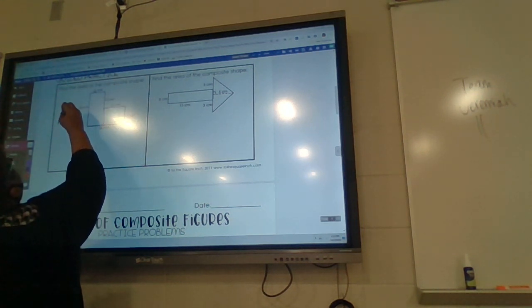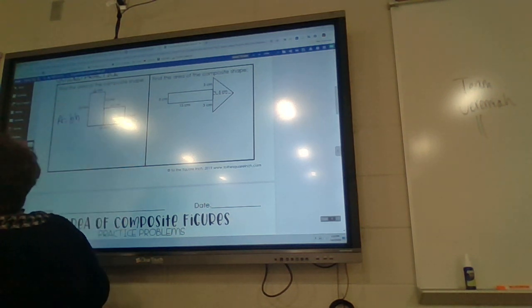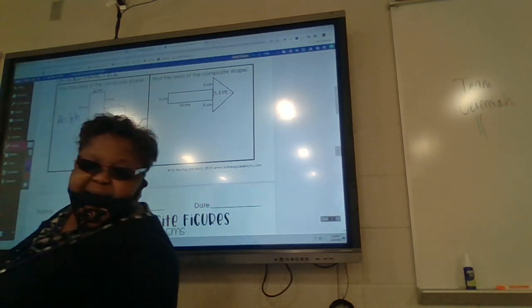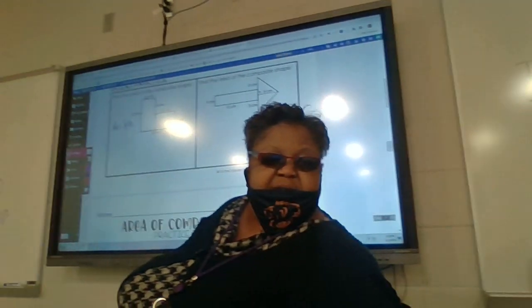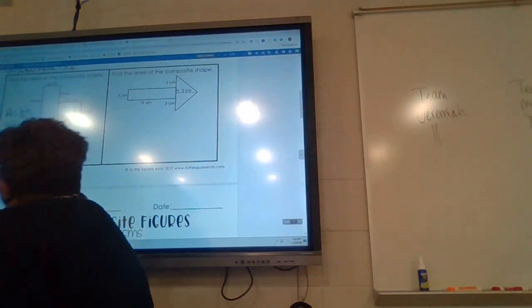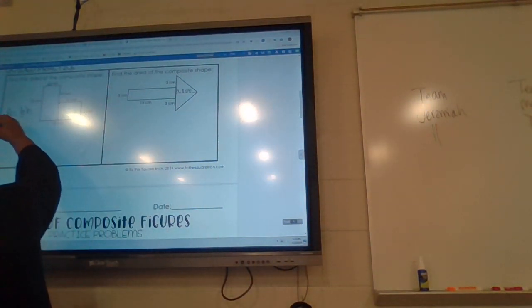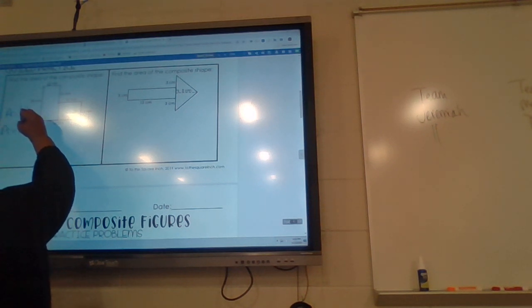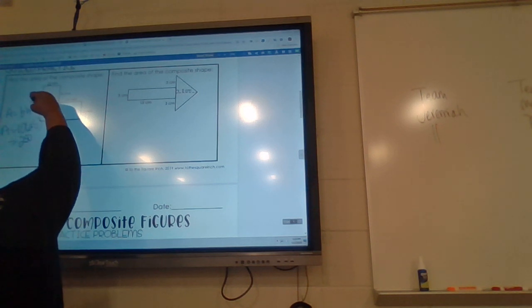The formula for a rectangle is base times height. Let me move my camera so you can see it. The base is 10 millimeters and the height is 25. So that's 250 millimeters squared right there.